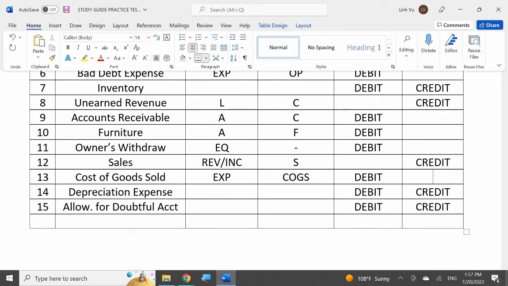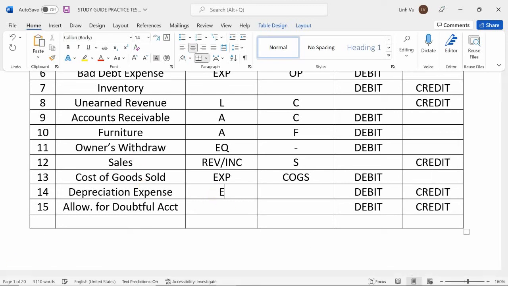What about depreciation expense? I took it as expense because it said expense. Yes, good, correct. In most cases, if you see the word expense, you're going to automatically associate it as an expense.